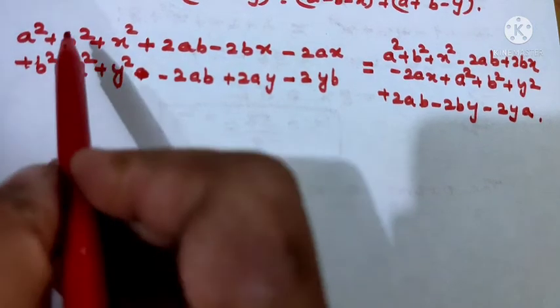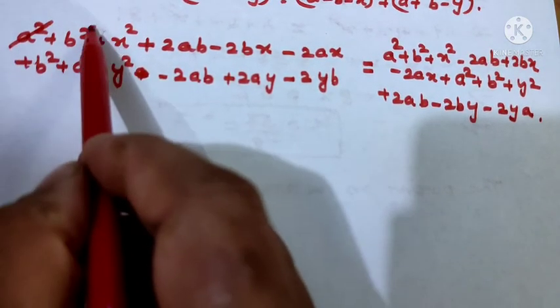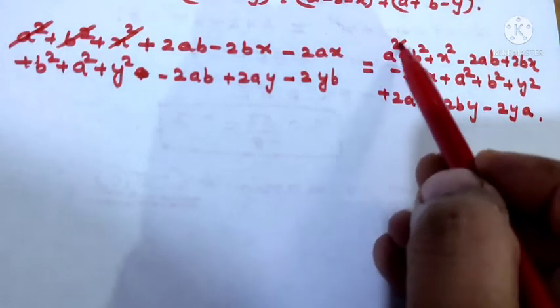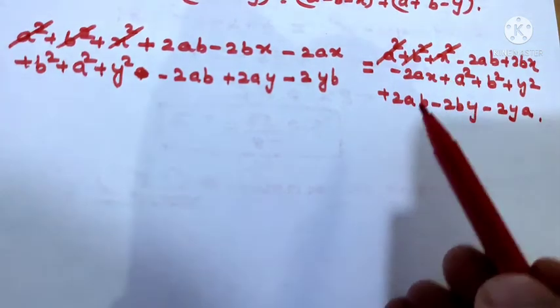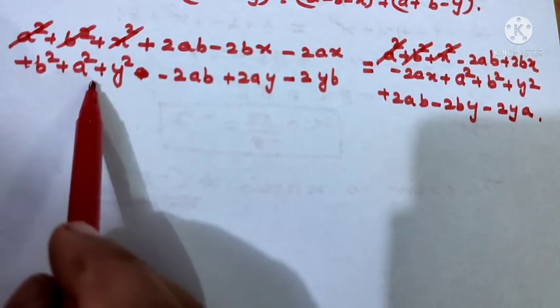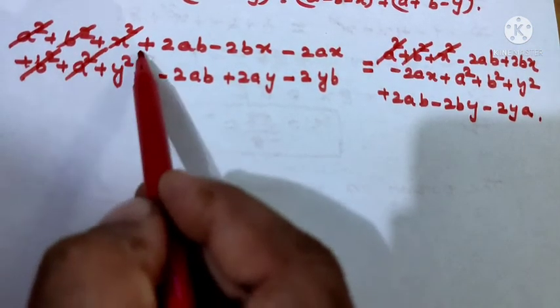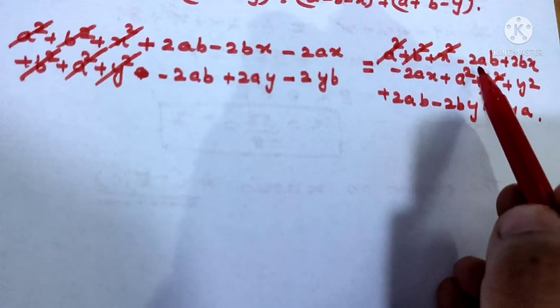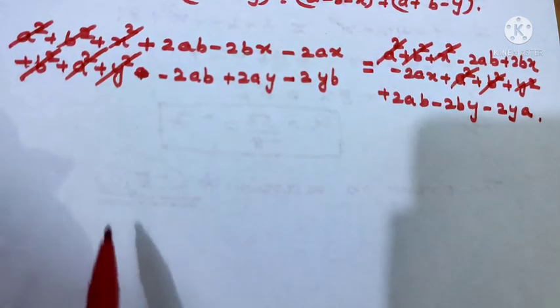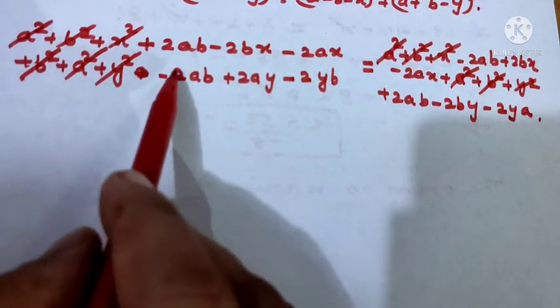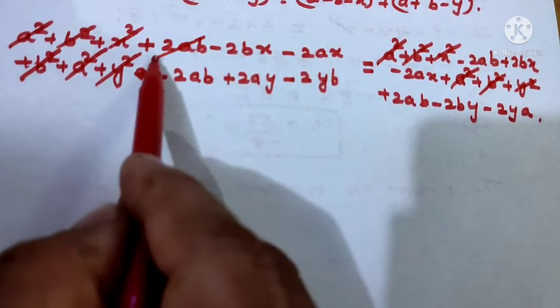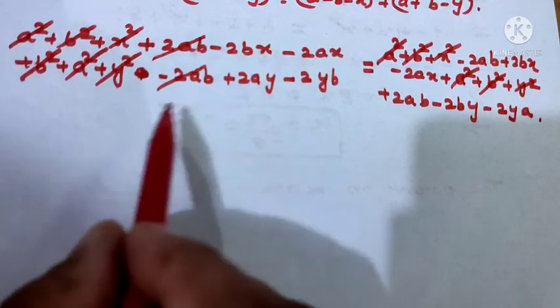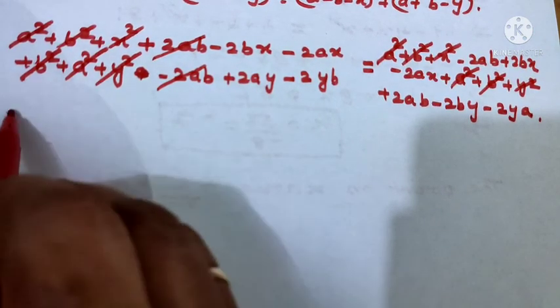So if you consider the first 3, a square, b square, x square, here also a square, b square, x square. Now b square, a square, y square is there, here also b square, a square, y square. Now here also we can cancel 2ab and minus 2ab, so it will get cancelled. Now what is the remaining in the left side?